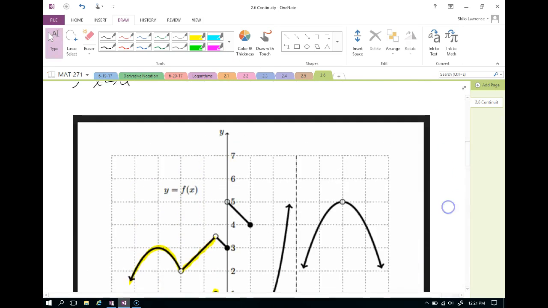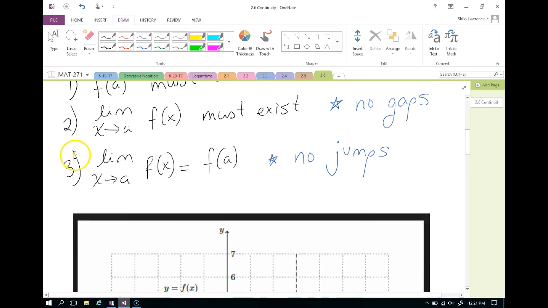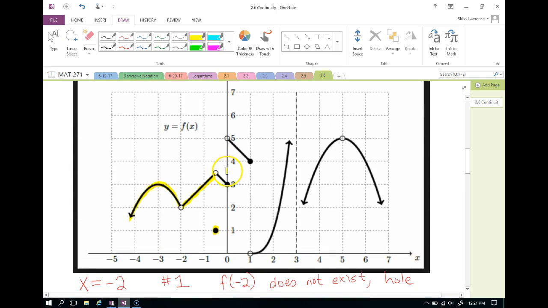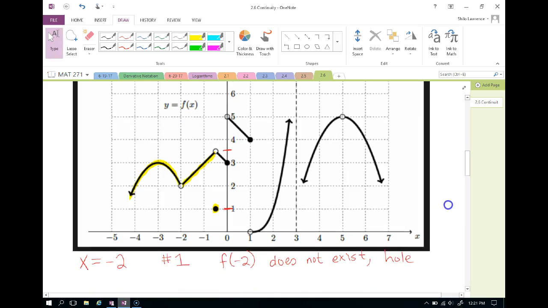So this is the number 3 criteria, where our limit does not equal our function value. It looks like the limit is saying it should be up here at 3.5, but the actual function value is down at 1. So there is a limit, there is a point, but they're at 2 different spots.